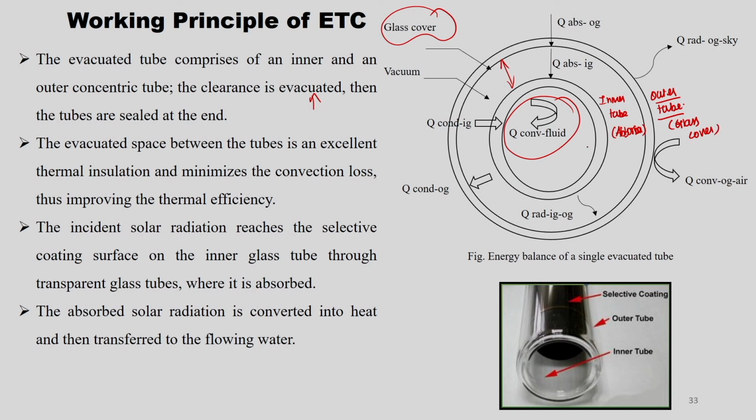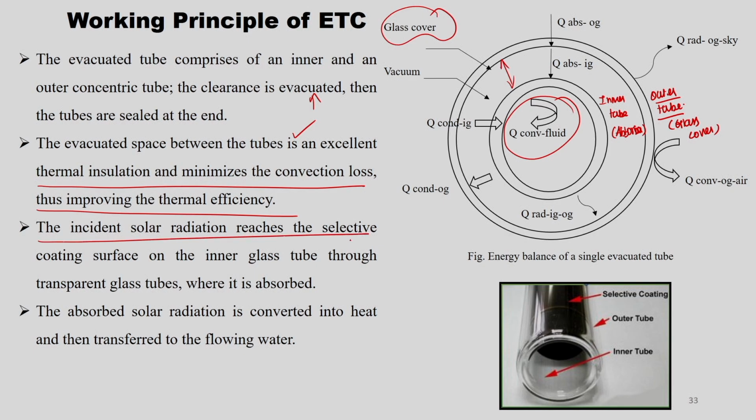The fluid flows inside the absorber tube, right. So, the evacuated space between the tubes is an excellent thermal insulation which minimizes the convection losses, thus improving the thermal efficiency. This we are well aware of by now. If you reduce the convection losses, obviously thermal efficiency increases.